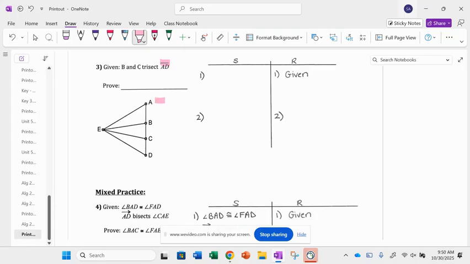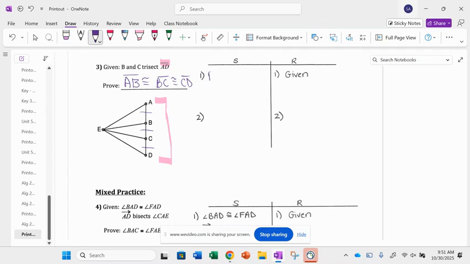Okay, so now let's look. If we're going to trisect this full segment AD, do you see 3 parts that it splits into? I do. I see AB, I see BC, and I see CD. So that's what we want to prove. AB congruent to BC congruent to CD.